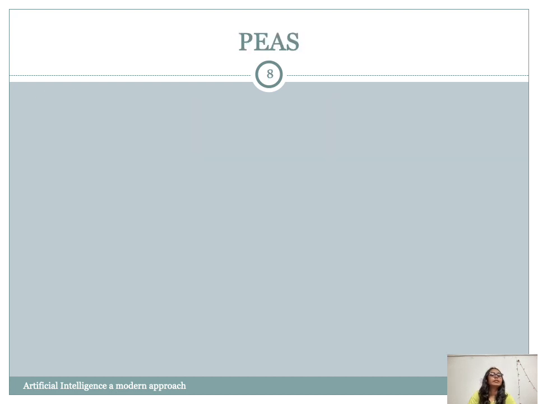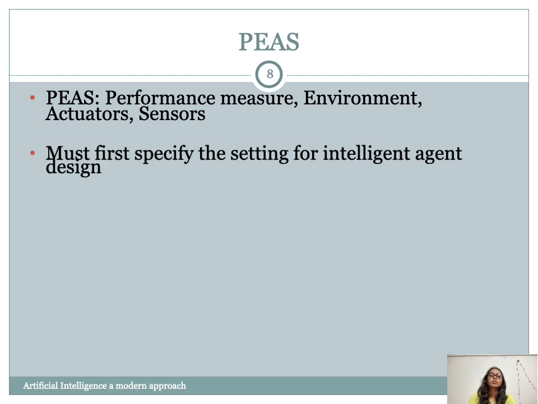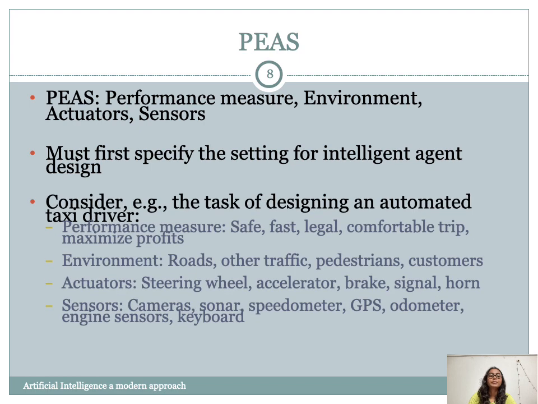So now PEAS. PEAS stands for Performance Measure, Environment, Actuators, and Sensors. We must first specify the settings for intelligent agent design. Consider the example of the task of designing an automated taxi driver. Performance measure: safe, fast, legal, comfortable trip, maximize profit.